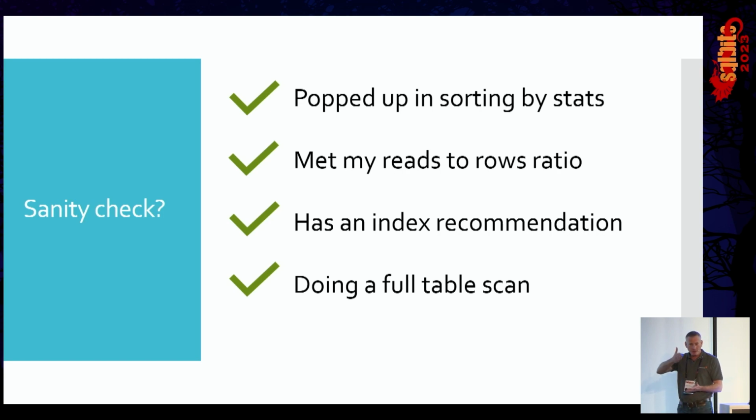So I set a boundary, had to be greater than 8. These things popped up. Has an index recommendation. May not have, but in my case it did. So I'm like, okay, that's another +1 in the pro column. Pretty cool. And when I inspected the plan, it's doing a full table scan. So again, all these things are leading in the same direction, all validating each other.